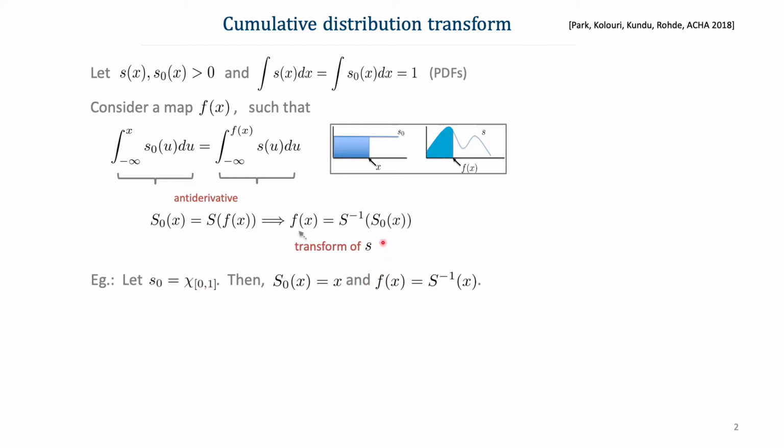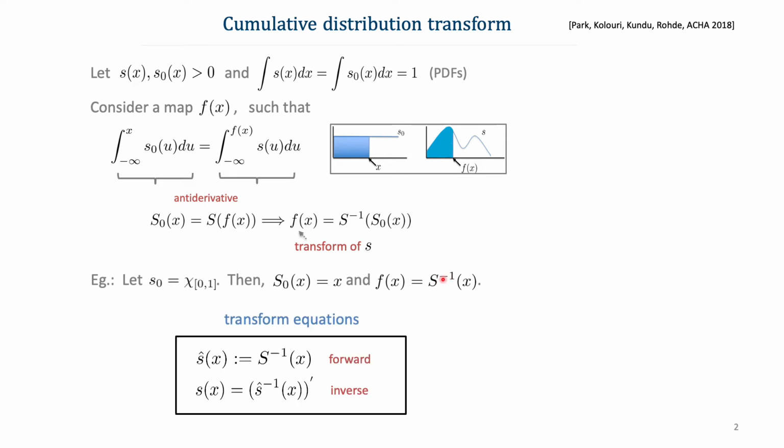And if we plug in S naught of x to be simply x, we define the cumulative distribution transform of our signal S to be the inverse of its cumulative distribution function.